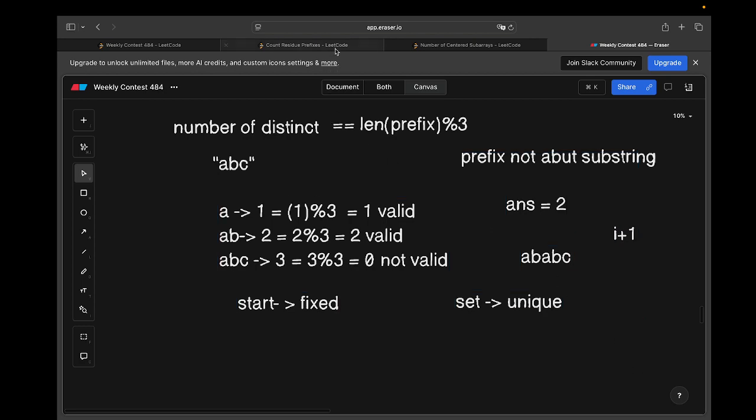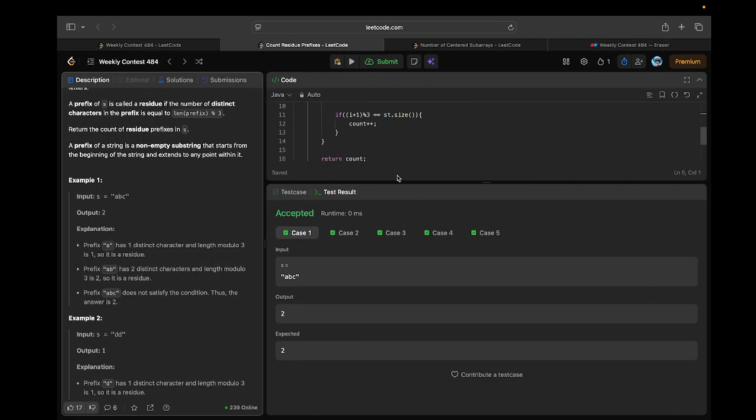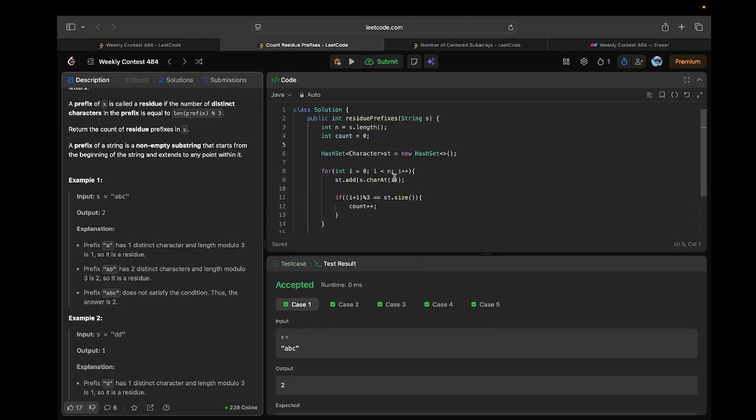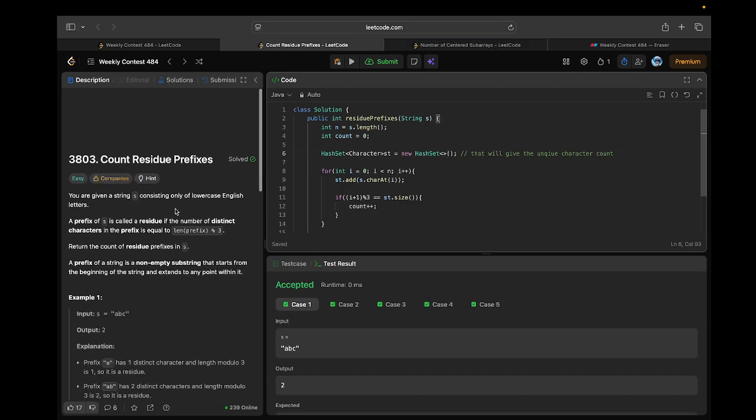So let's see the code. The code is exactly the same as what I have told you. I have created a variable to store the answer. Next, I have created a hash set of characters that will give the unique characters count, right? Because I don't want to iterate again and again and make things complicated.